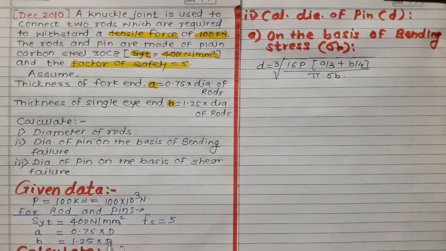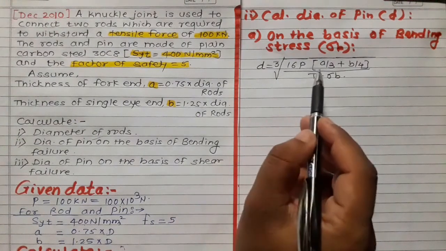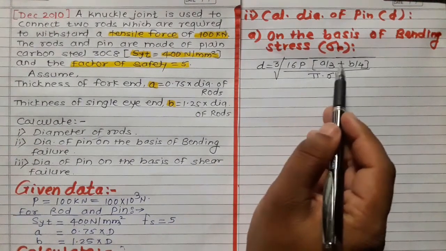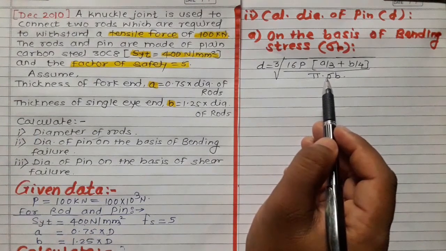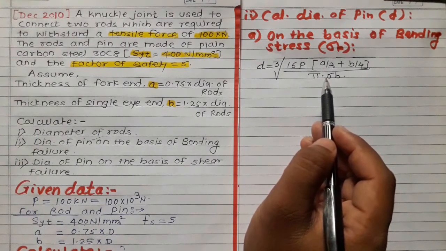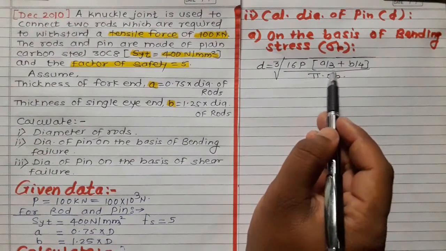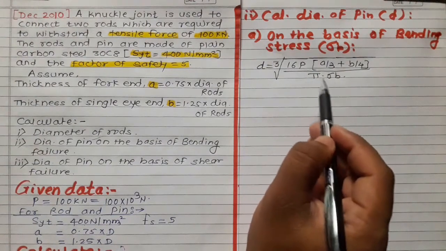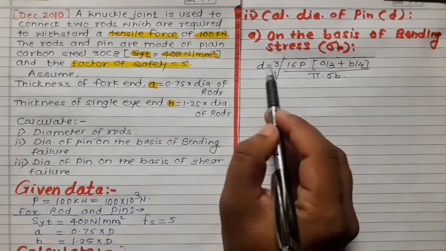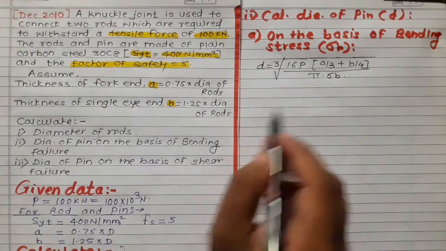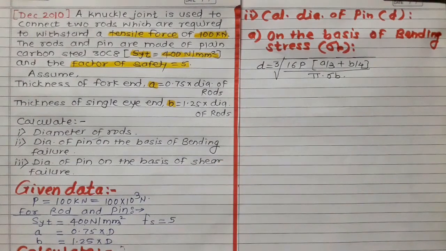By putting this value we can get A and B, and then put those calculated values here. The permissible bending stress we have assumed equal to permissible tensile stress, 80 Newton per mm square. We put this value of sigma b as 80 Newton per mm square here, and we can calculate the diameter of pin. So let us first calculate A and B.